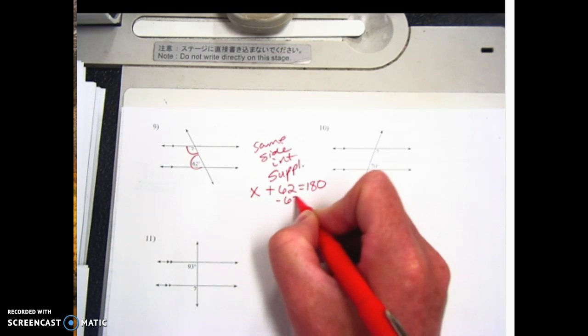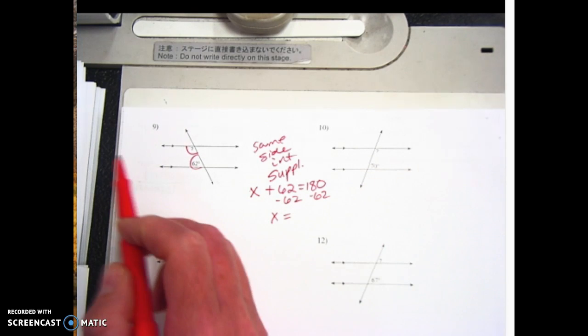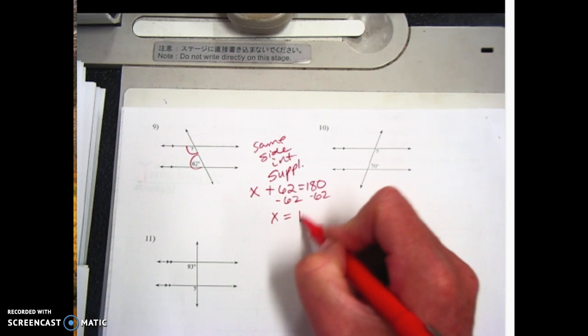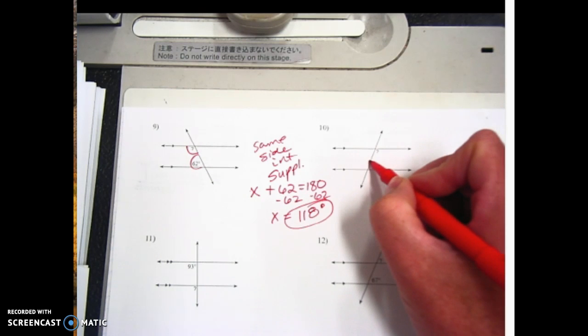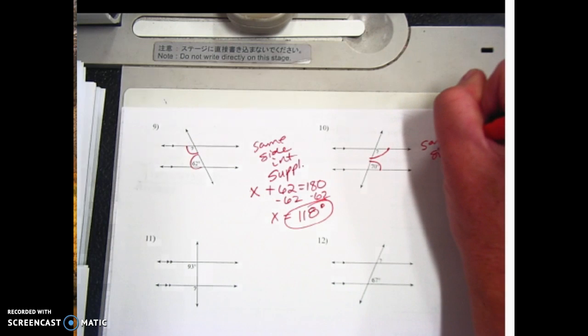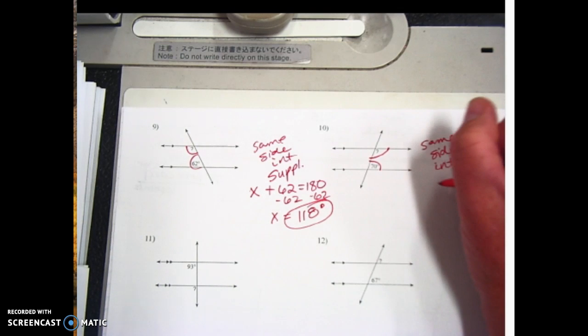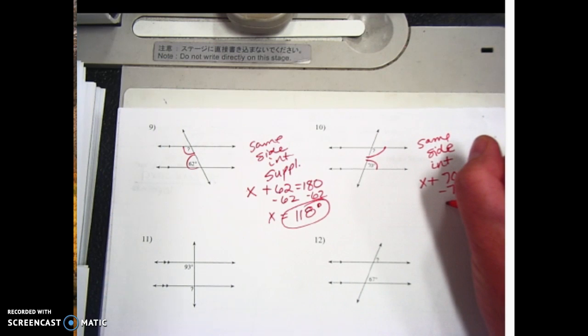So you subtract the 62 from 180, and that means that it is 118 degrees. Number 10, also same side interior, which means they should be supplementary. Subtract 70 from 180. That means it should be 110.